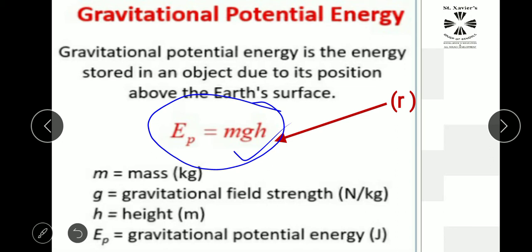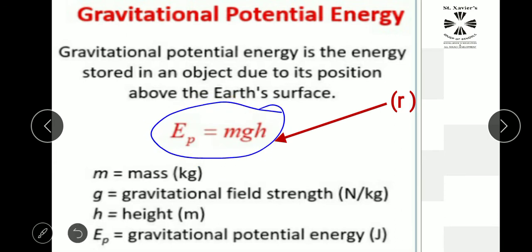For height or distance, in all formulas in previous slides, we have used the letter R. So even in this formula for potential energy, mgh, I'll do a small modification and instead of h I'll use the letter R, students.